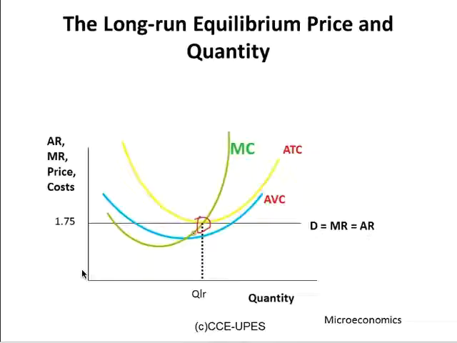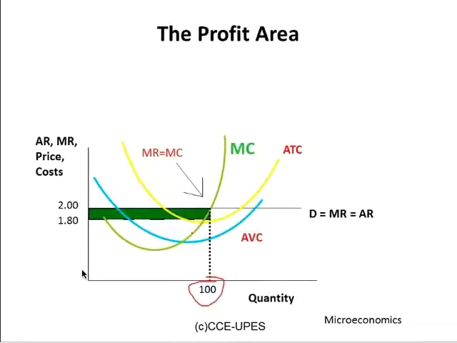If he is making more profits, as we've seen here, this black portion, other firms will be motivated to come into this industry. Supply will increase and these profits will be wiped out.